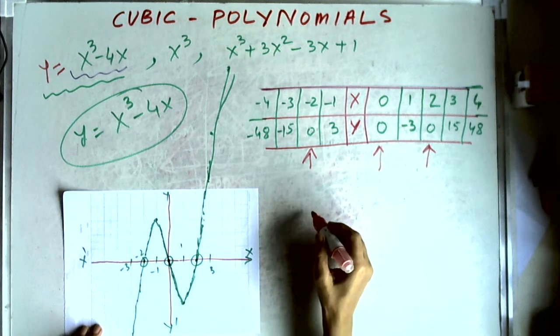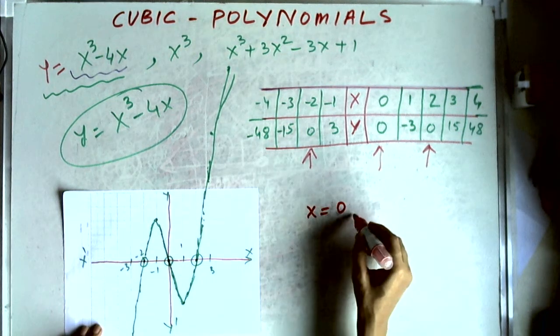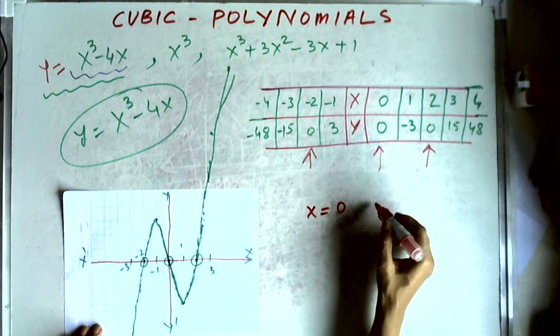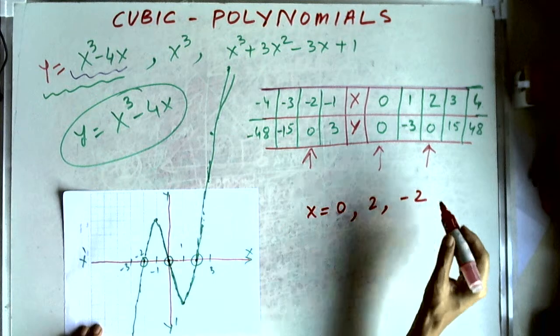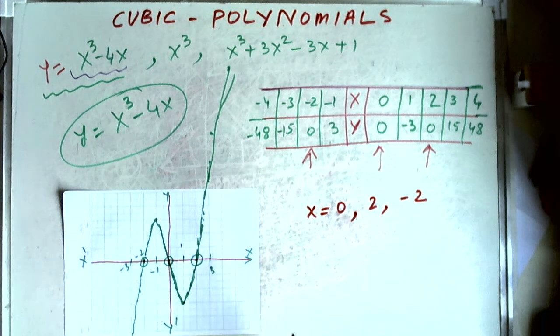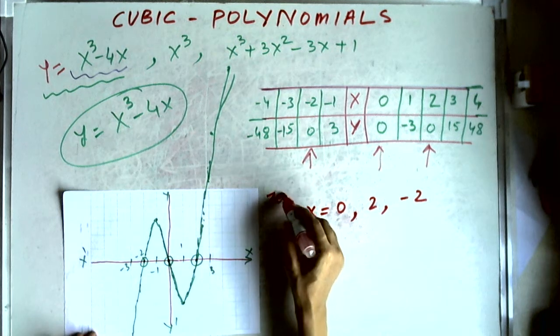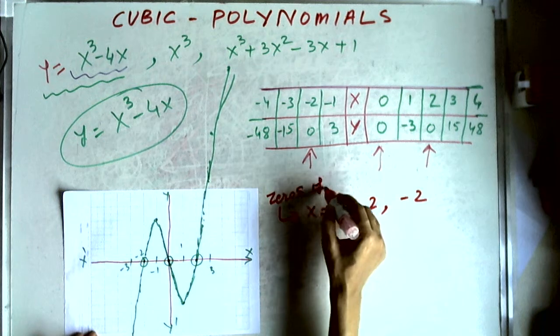And these are the zeros of the polynomial. So the zeros of the polynomial are x is 0, x is 2, and x is minus 2. So for this cubic polynomial, there are 3 zeros.